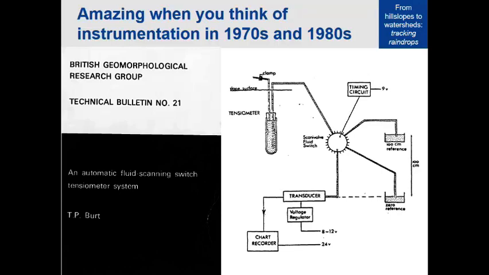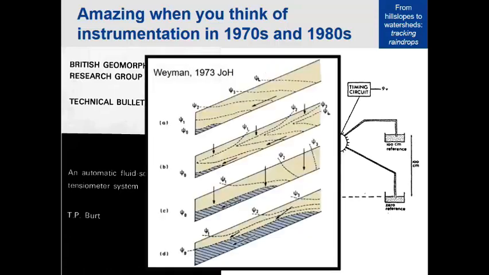This seems so antiquated now, but this is something I used in my PhD studies in the mid-1980s. And this was developed here by Tim and Malcolm. And it was a way to make pore pressure measurements in the soil and distribute that across a hill slope to understand how during rain events, hill slopes would develop saturation and start to shed water.